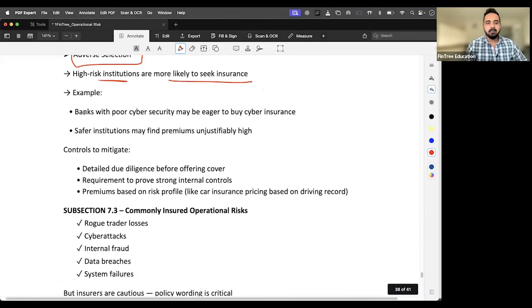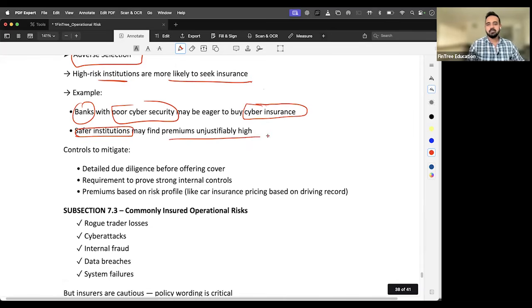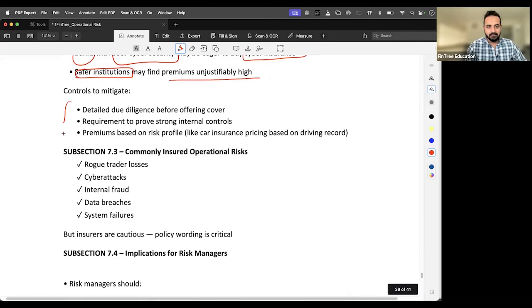For example, banks which already have poor cyber security will be happy to buy cyber insurance, right? If I'm a safe institution, why would I buy? I will find your premiums too high. Controls to mitigate: detailed due diligence before offering cover, requirement to prove strong internal controls, premium based on risk profile. The higher the risk profile of the bank, automatically the higher the premium charged.